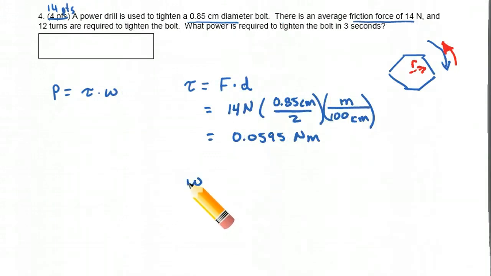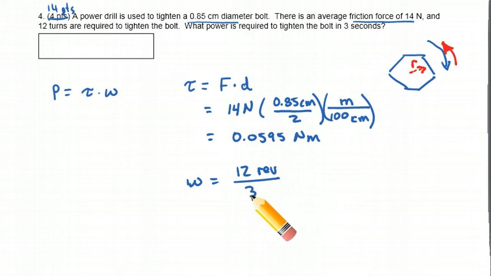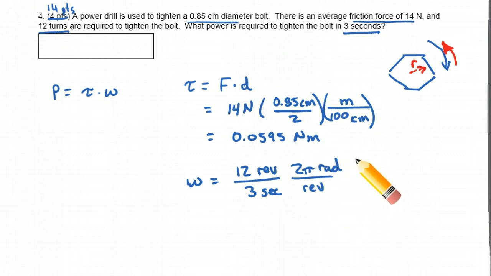The omega is how fast it's being turned. So we're doing 12 turns or revolutions in 3 seconds, from the givens up above. We'll do the conversion of 1 revolution is 2 pi radians, because we always want to work with omega in radians per second.